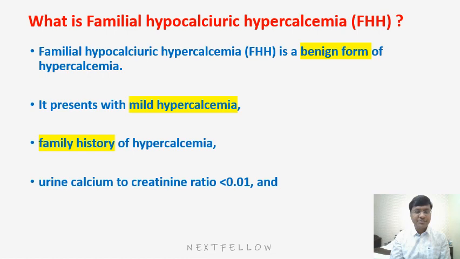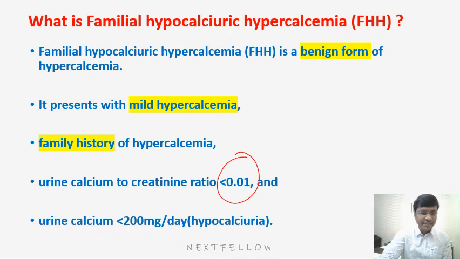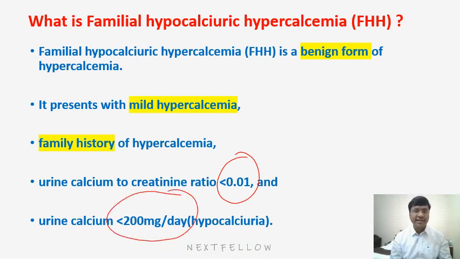The urinary calcium to creatinine ratio is less than 0.01, and urine calcium is less than 200 milligrams per day. There will be hypocalciuria. So there is hypercalcemia, but there is hypocalciuria. In most other conditions, whenever there is hypercalcemia, there will be hypercalciuria also. But here, along with hypercalcemia, there is hypocalciuria.